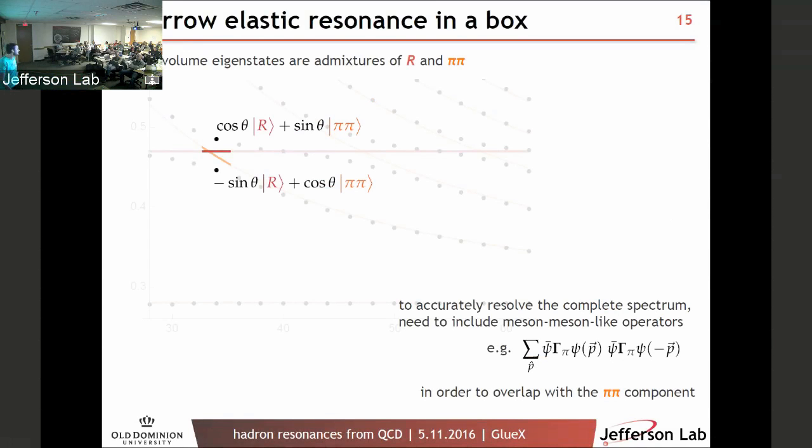So I just write the product of the two, and then that will have good overlap onto 2 pions. And when I do that, if I include such operators in the basis, and solve the problem again, I'll find more levels than I found before. And those levels can be turned into information about both the presence of a resonance and its decay properties.